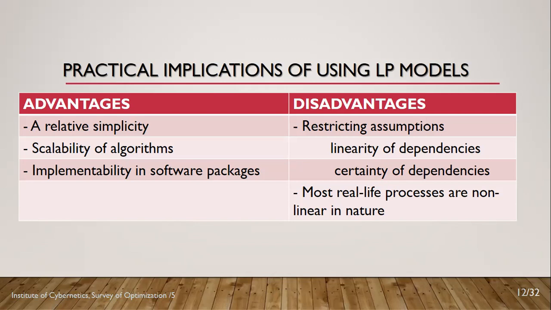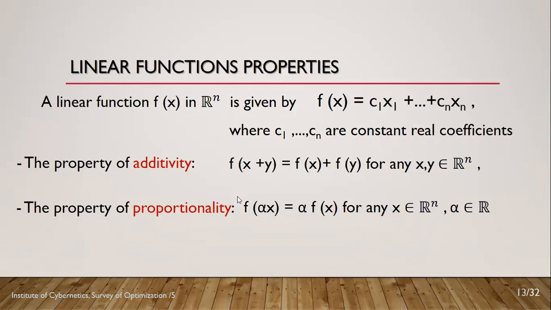Let's discuss in more detail the implicit assumptions that come from using linear models. Two of them come out of the definition of linear functions and the properties involved in this definition.